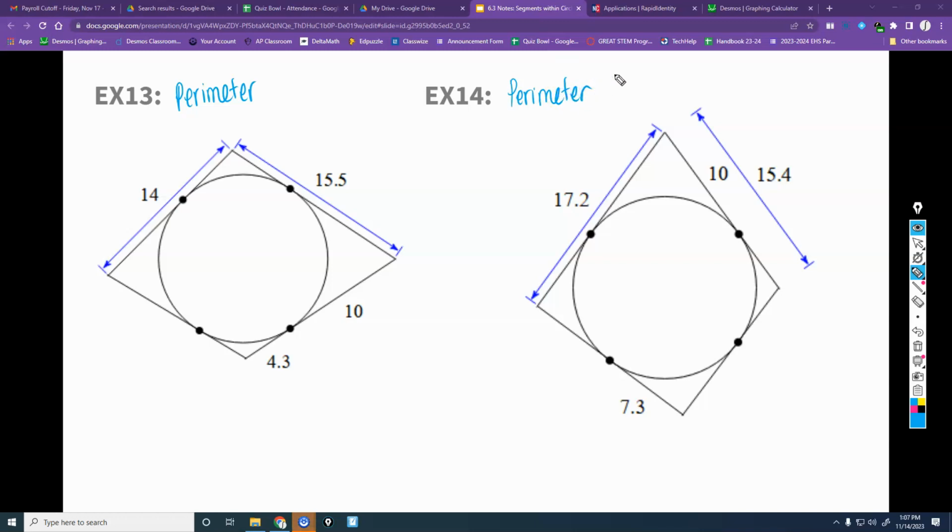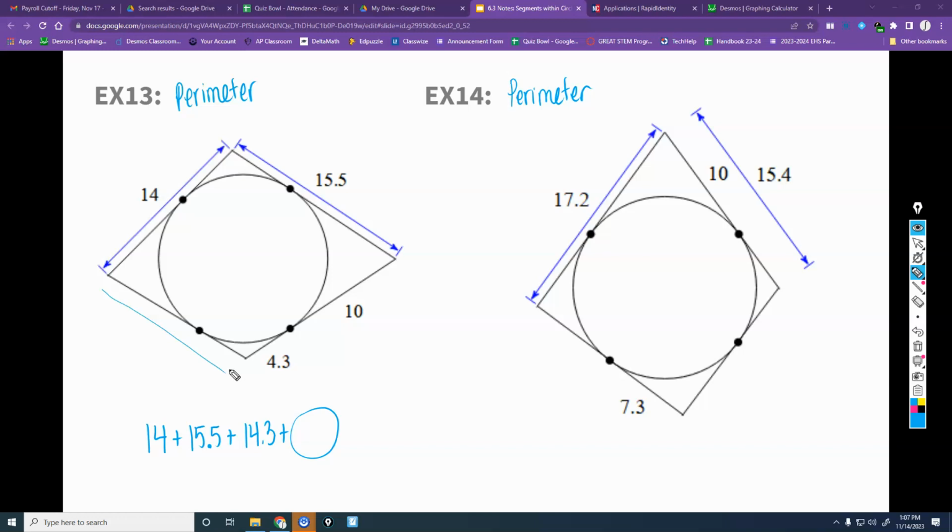So perimeter is the distance around the edge, right? So when you're doing perimeter of this one, you're doing pretty good. 14 plus 15.5 plus this side would be 14.3, right? But we don't know how long this side right here is. So I have to figure that out.